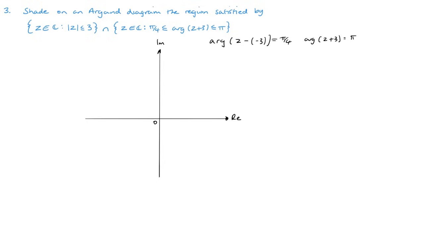So it's -3, so it's going to be here at -3. Now pi, if this is measured from the real axis, pi is all the way around here. So that means, and I'll do this in red, that is going to be along the axis to the left of the -3.